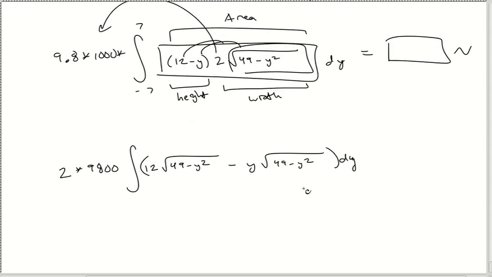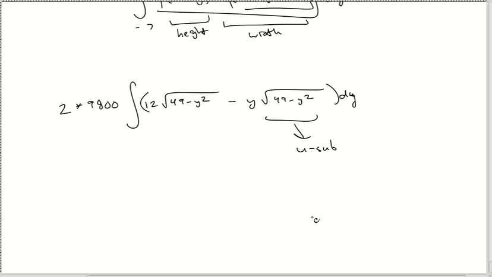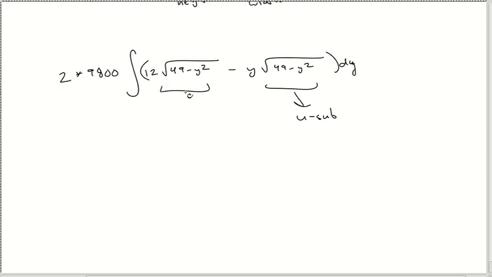This is actually not too bad here. This is a plain old u substitution. It ends up very quick and easy, and you get an answer. This, not so much. This is actually a formula. I'm going to recommend formula number 37. And what it is, it turns into this crazy arcsine thing.